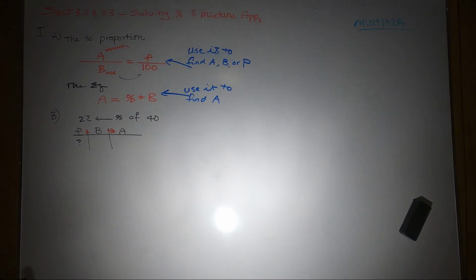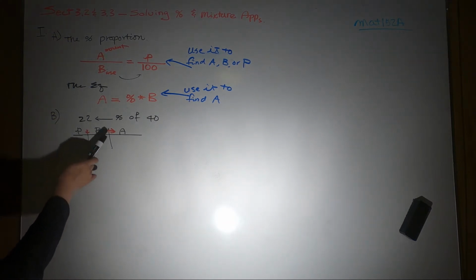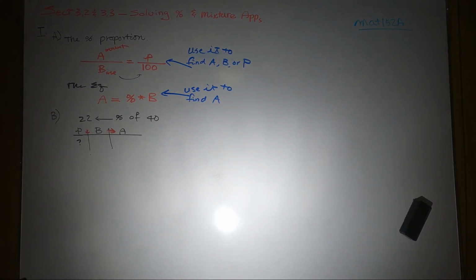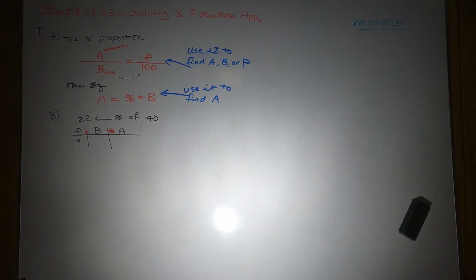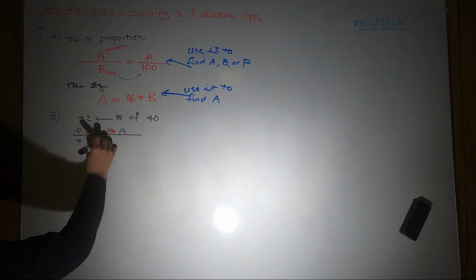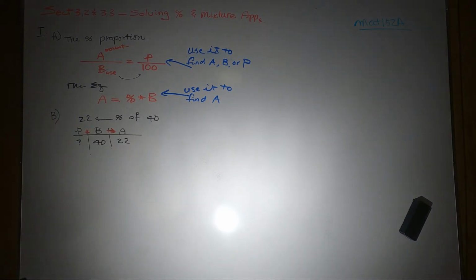Then it says 22 and 40, you have to decide which one is your B, which one is your A. B is the total base. So 22 out of 40, so total would be what? 40. Then your amount is what? 22. So you identify your PBA first, then you can plug in to find the answer, right?